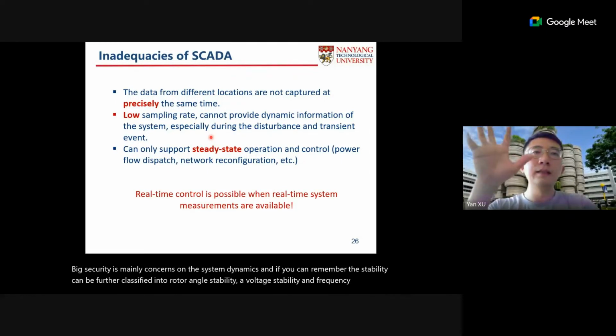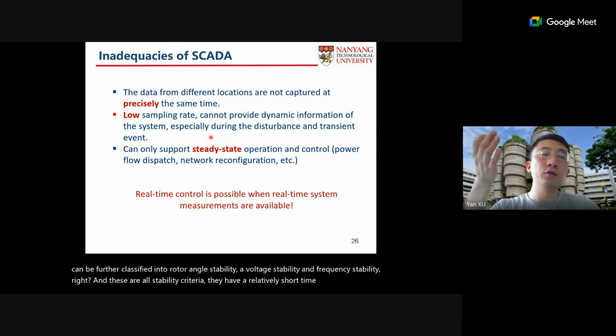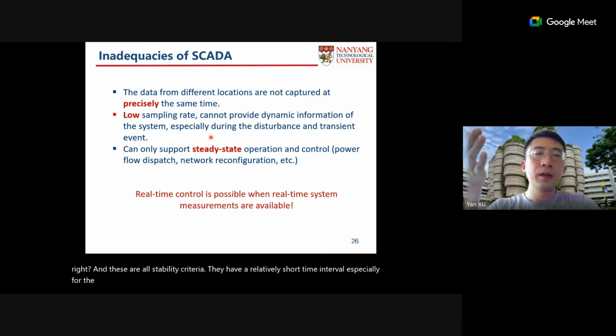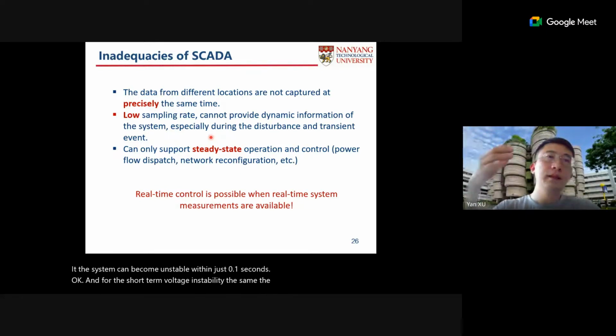All these stability criteria have a relatively short time interval, especially transient stability. The system can become unstable within just 0.1 second. And for short-term voltage instability, the same: the voltage collapse can happen within less than 1 second.